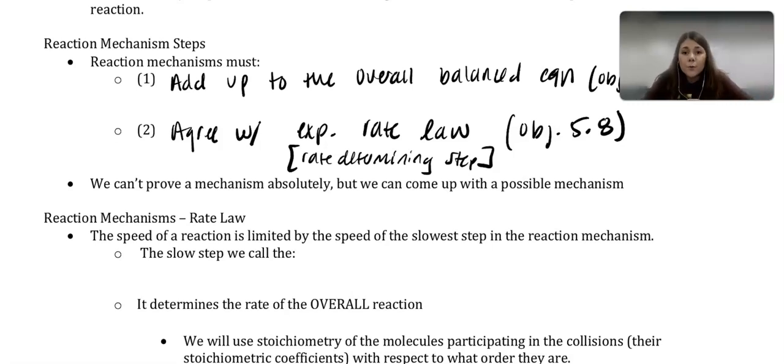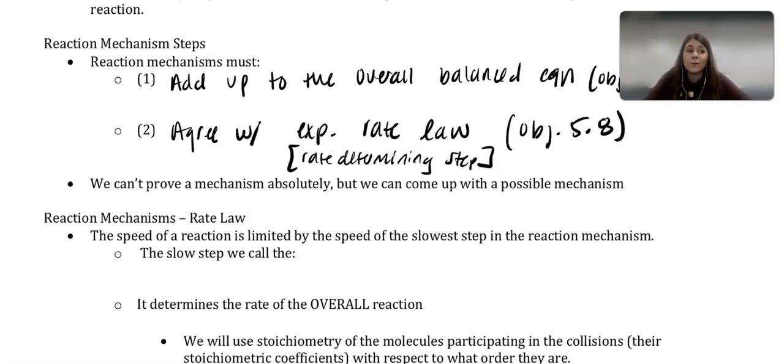We can't prove a mechanism absolutely, because we will not actually see the intermediates working in action when the reaction occurs, since we're not at that particle level. So we can come up with a possible mechanism and look through different data to give us insight: did that catalyst work how it was supposed to? Did that intermediate help make the reaction occur? We can figure it out, but we can't really prove it exactly.